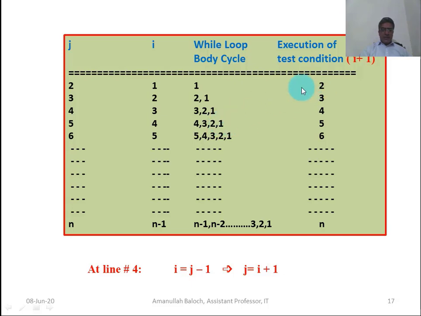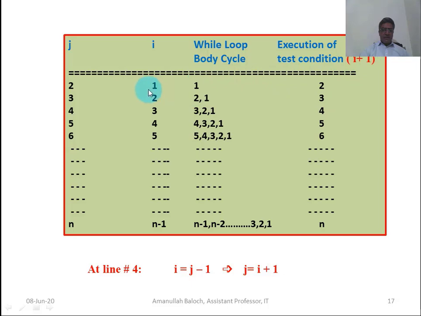But for the test condition of the while loop, we have already discussed that the test condition is executed one more time. If the body executes 1 time, the test condition will be executed 2 times, that is I plus 1.